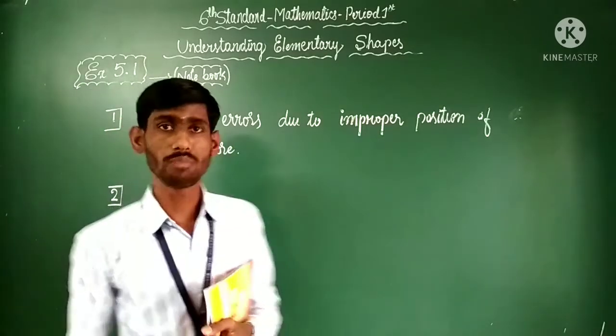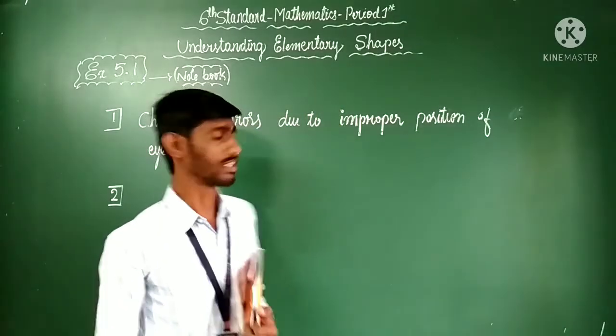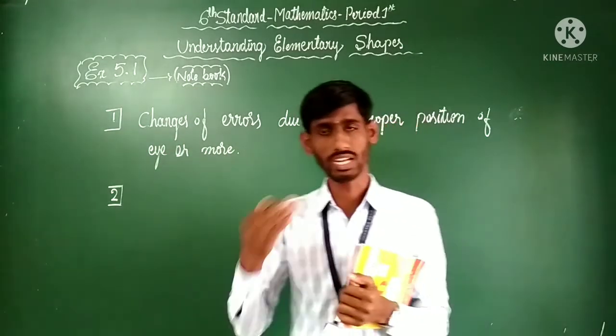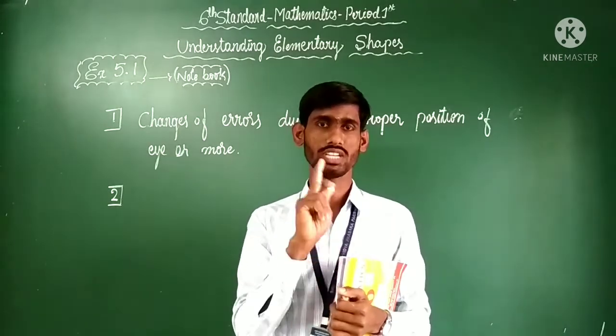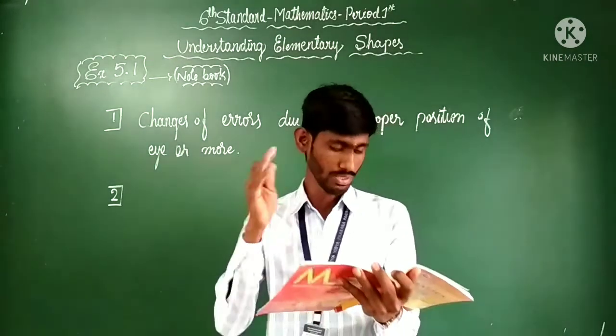Okay, due to the improper position. For example, see, improper position. Due to the improper position, we won't get a proper measurement. This is the major disadvantage while we are comparing the line segment by observation. Okay.